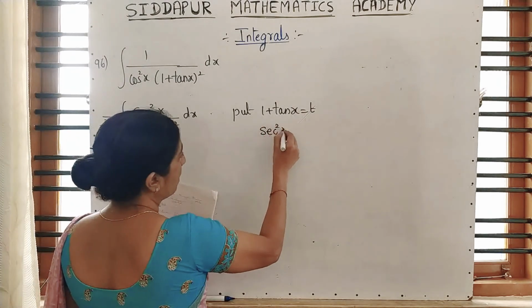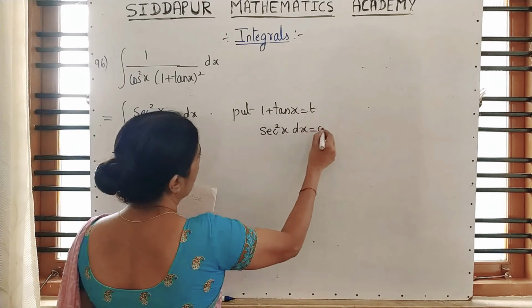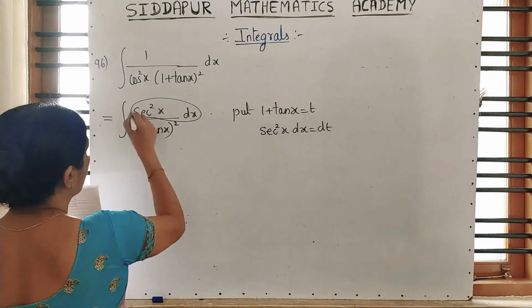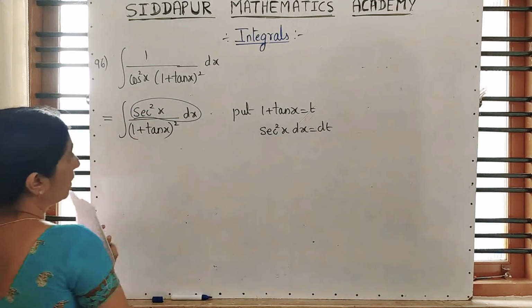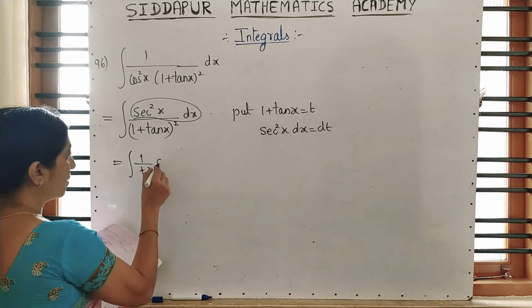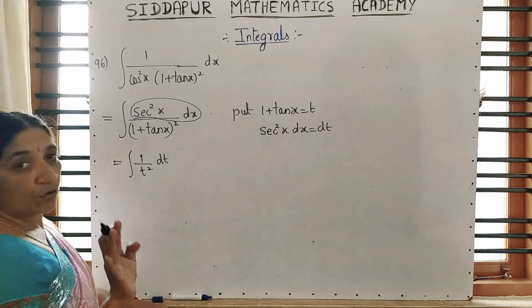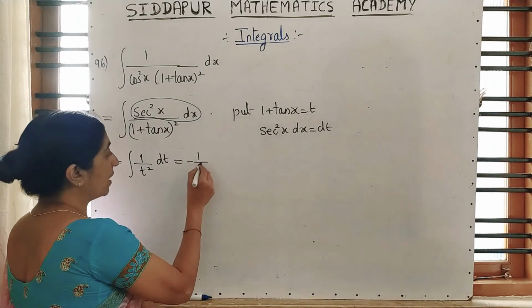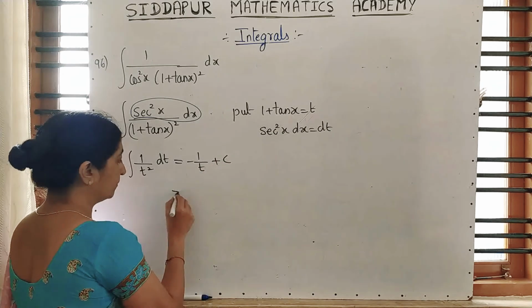Differentiation of tan x is secant square x into dx is equal to dt. We have that in the numerator, so in that place we write dt. It is 1 by t square into dt. Open your formula list. What is the integration of 1 by t square? That is minus 1 by t.